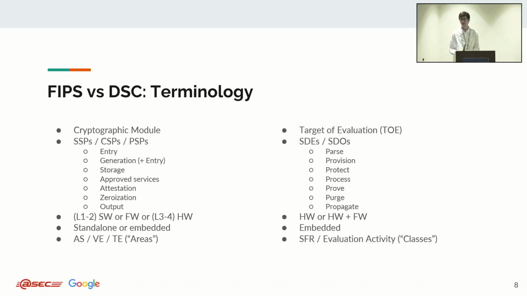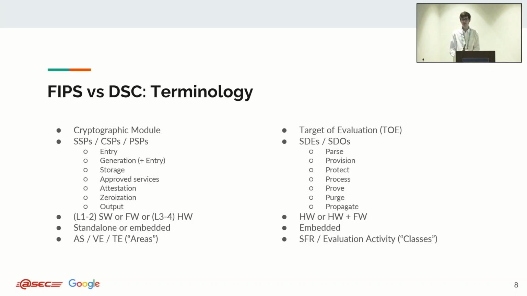If you do DSC, it needs to be some kind of hardware or hardware firmware. And this component needs to be embedded in a larger system by definition as it is a component, whereas FIPS modules can exist standalone. There's also some differences in terms of the requirements, the wording. Those are mainly process related, not really technical.